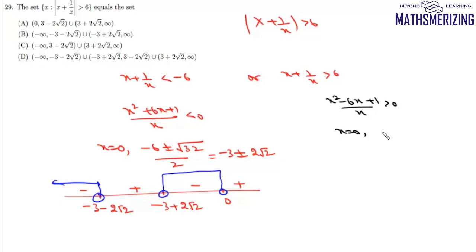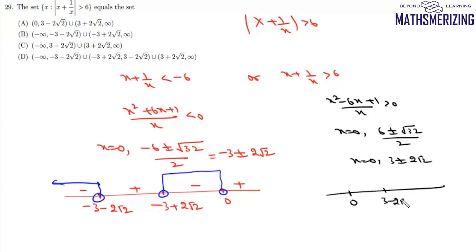So it will be x equals 0 and then 6 plus minus under root 32 upon 2. So it will be 0 and then 3 plus minus 2 root 2. So now we can write 0, 3 minus 2 root 2, 3 plus 2 root 2. Now rightmost is plus, so it is plus, minus, plus and minus. Now in this case, we need plus, greater than 0.